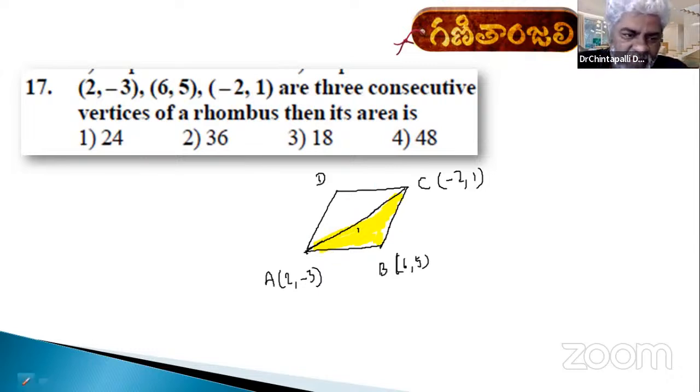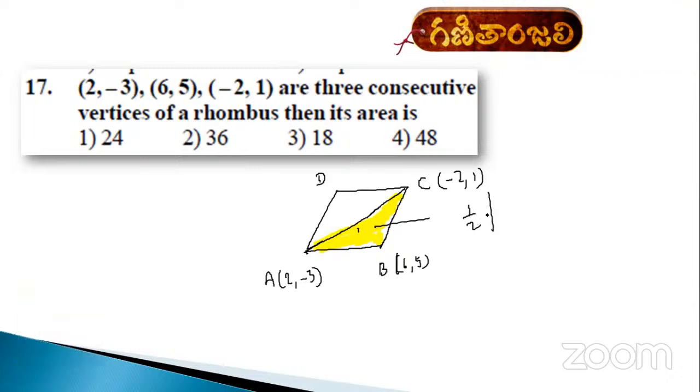Calculate the area of this triangle. Half times. Better to take B as the first point. 6 plus 2, that's 8.